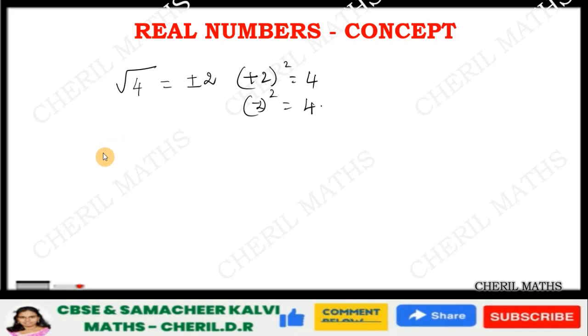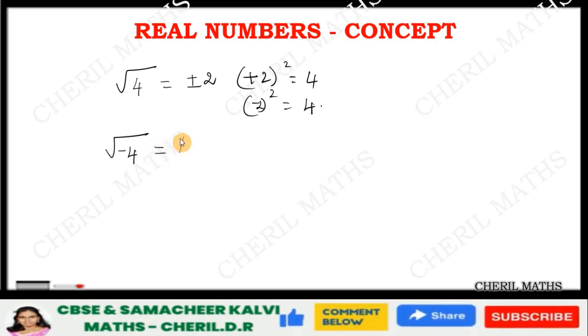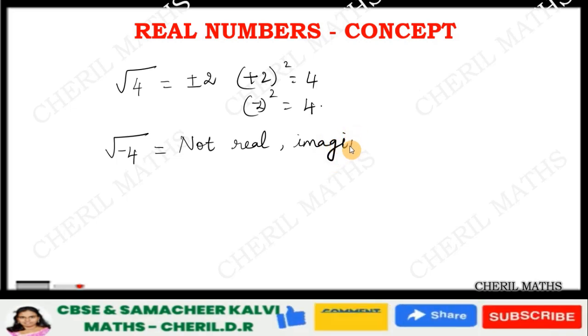But if I need to find the square root of a negative number, then it is not possible. In that case, you will say that it is not real, or you will use the word imaginary.